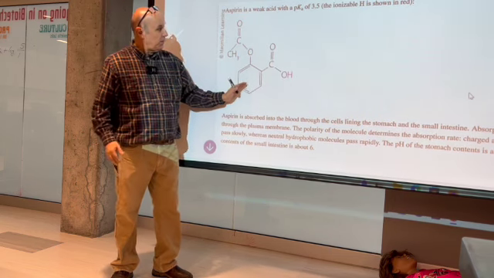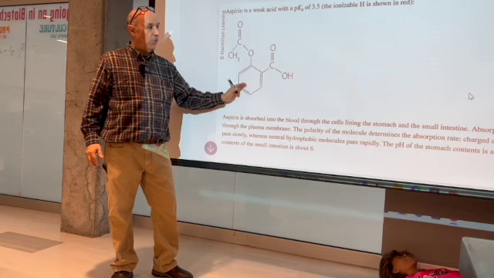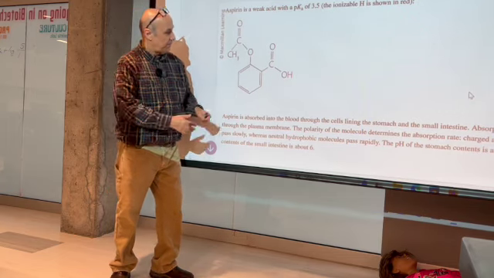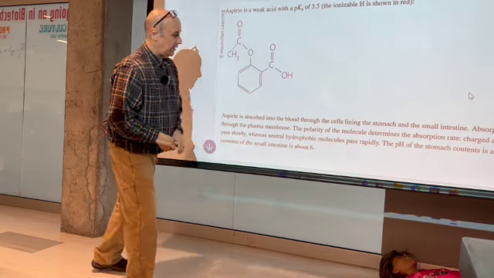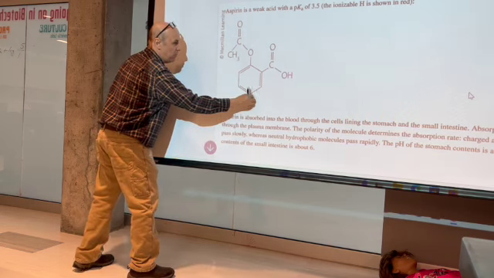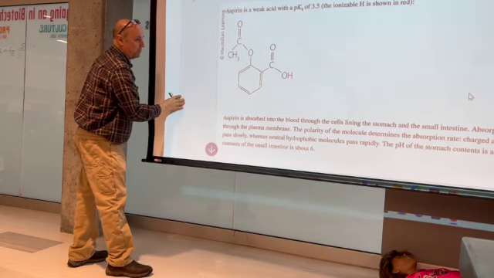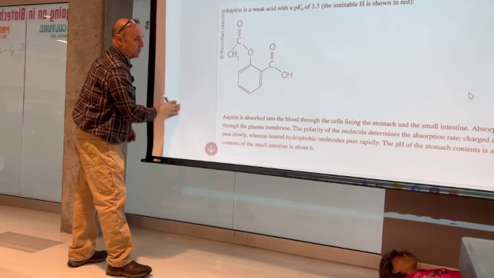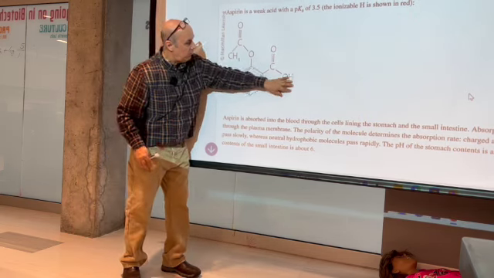Now, if we move this to pH of 1.5, imagine the equilibrium is right here. So I'm moving now to keeping the H plus because I'm lowering the pH. So I'm moving this to favor this.